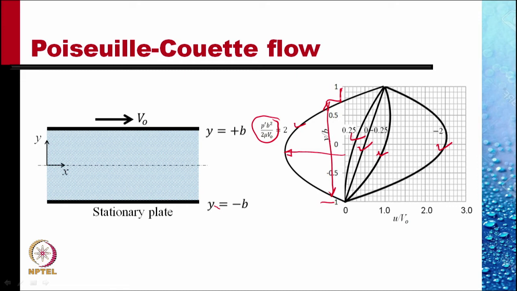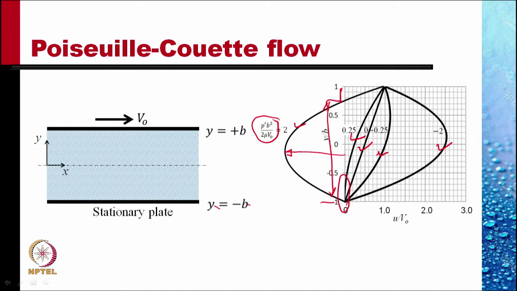The profile with the pressure coefficient of plus 0.25 has a special value, and that is, the shear stress at the lower plate is 0. Delta u by delta y is 0 at the lower plate.